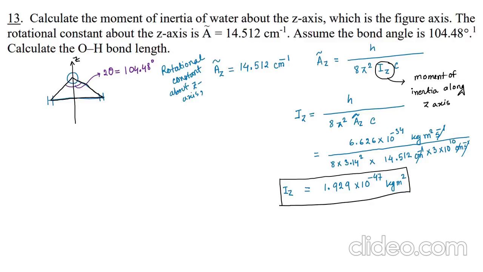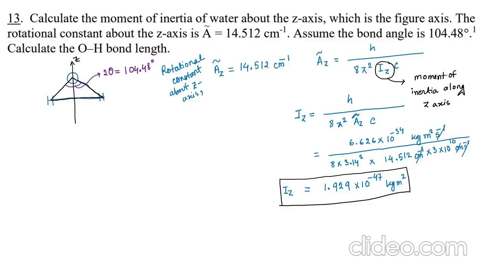Now, what are the atoms contributing to the moment of inertia along the z axis? The atoms which are sitting on the z axis will not give any contribution. The contribution will be zero, because the distance is actually zero. Let us take oxygen as the origin.